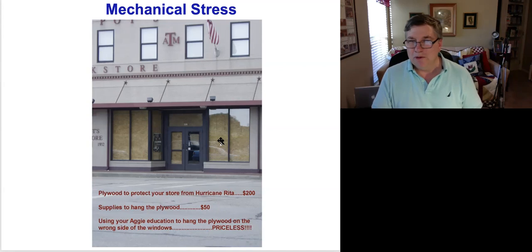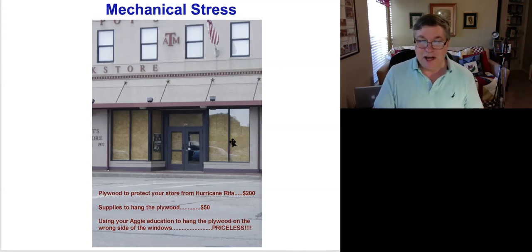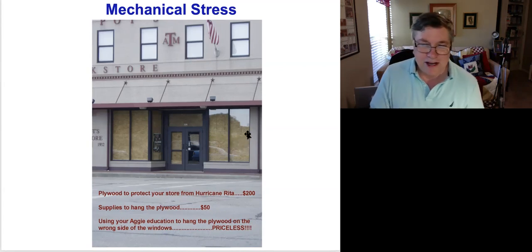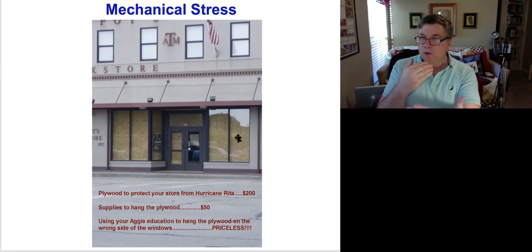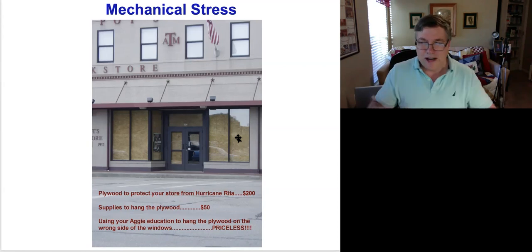I heard the owner of Lupo's wanted to prevent glass from getting on the inside, so they put the plywood on the inside. But you're supposed to put the plywood on the outside. What that does is if a flying object hits it, the wood can actually absorb the shock and reduce that impact force, partly because it actually deforms and changes its shape and increases delta T. So it's hard to get around that impulse equation.